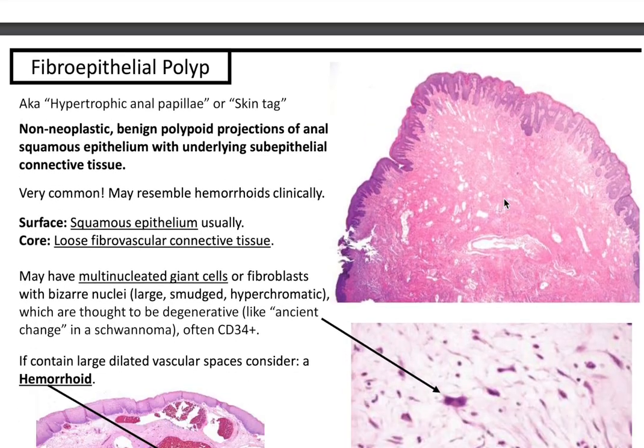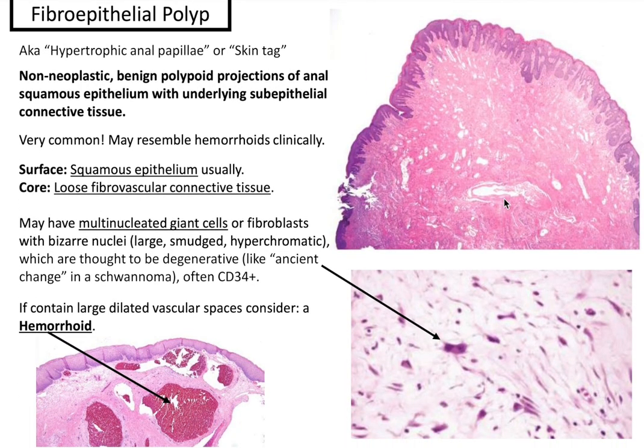Fibroepithelial polyp, aka hypertrophic anal papillae or skin tag. These are non-neoplastic, benign polypoid projections of anal squamous epithelium with underlying subepithelial connective tissue. It's very common and it may resemble hemorrhoids clinically. On the surface, you'll have squamous epithelium usually, and in the core, you'll have loose fibrovascular connective tissue.